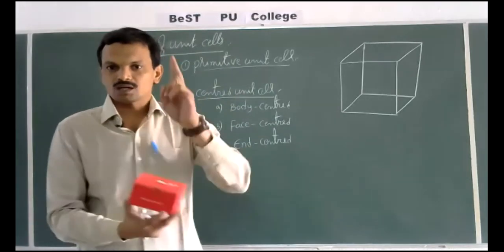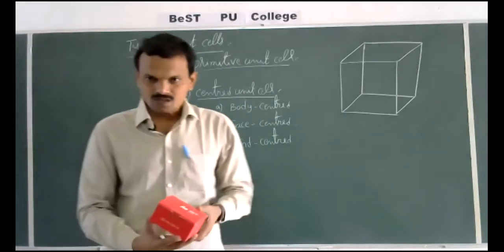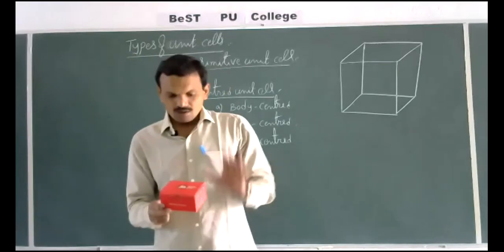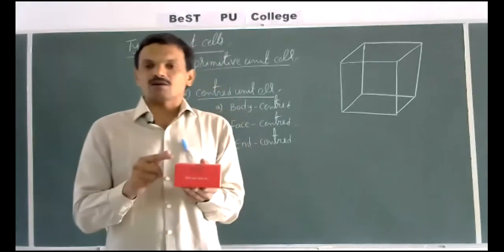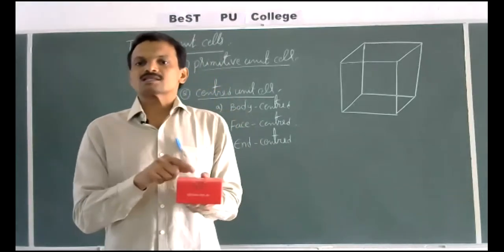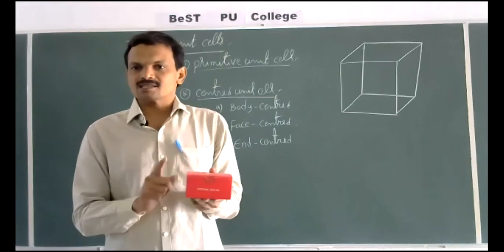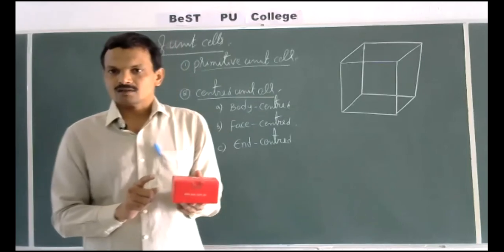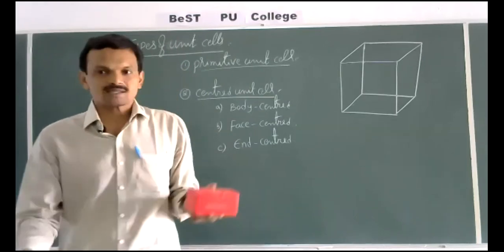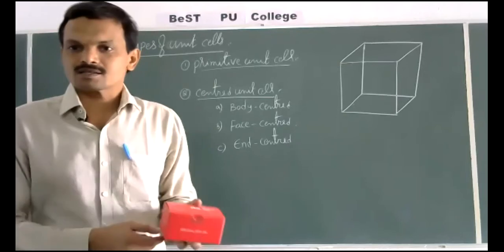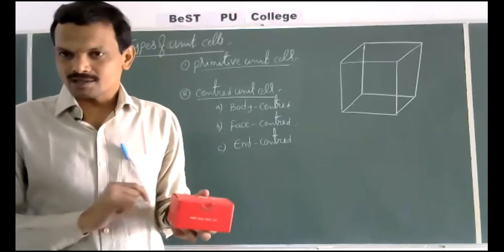Means totally 12 edges are there. So this you should know here. So a cube contains 8 corners, 6 faces, and 12 edges. Okay, so there are 6 faces, 8 corners, and 12 edges.